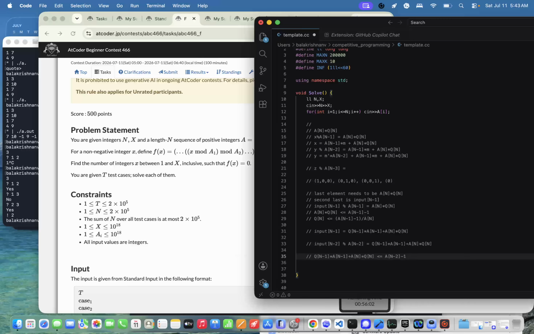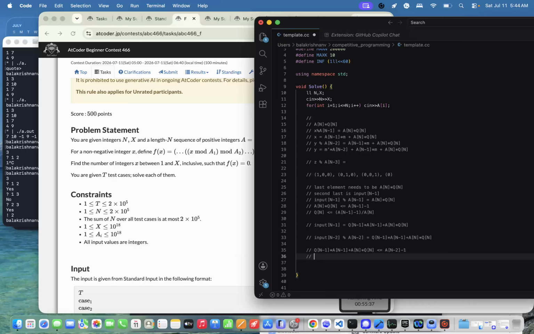So from this we get one more condition. Then the input of n minus 2 is actually q of n minus 2 times a of n minus 2 plus this.